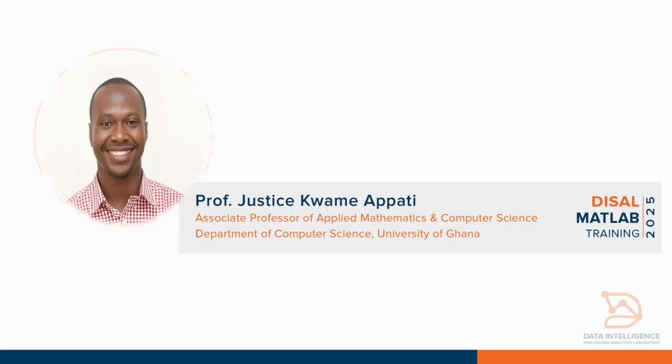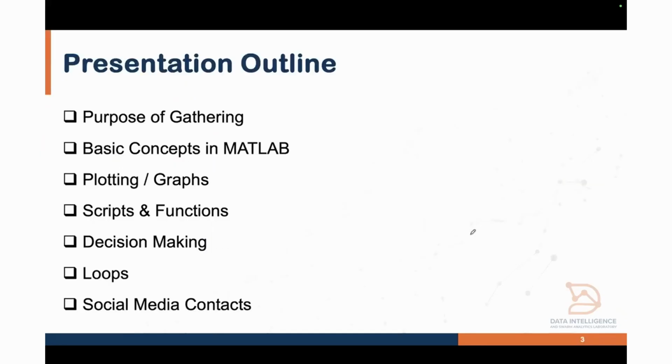Okay, so this will be the outline of our presentation: why we are here, some basic concepts in Matlab, how to plot some few things in Matlab, trying to understand the differences in scripts and functions, and how you'll be able to at least manage the tool, when to use it, and when to adapt, and proceed from there.